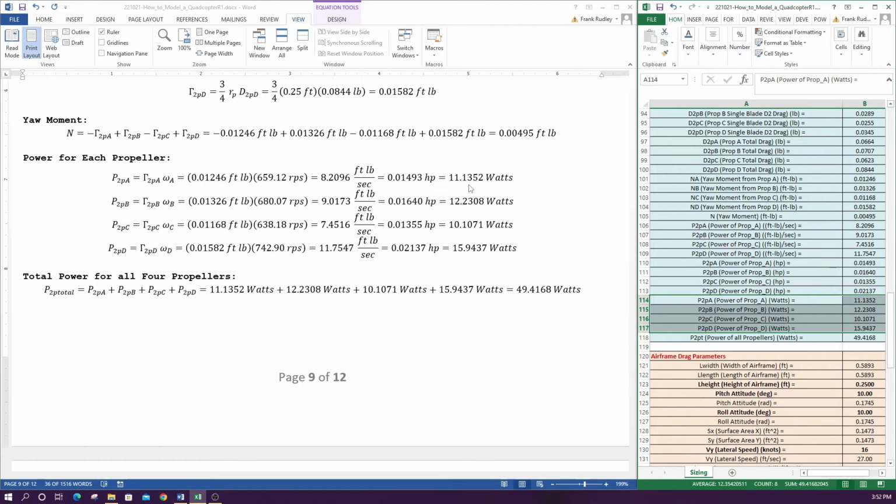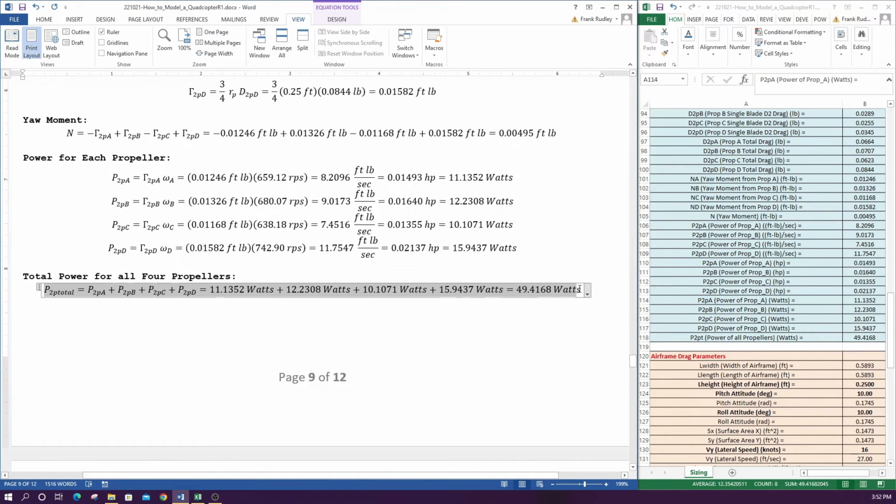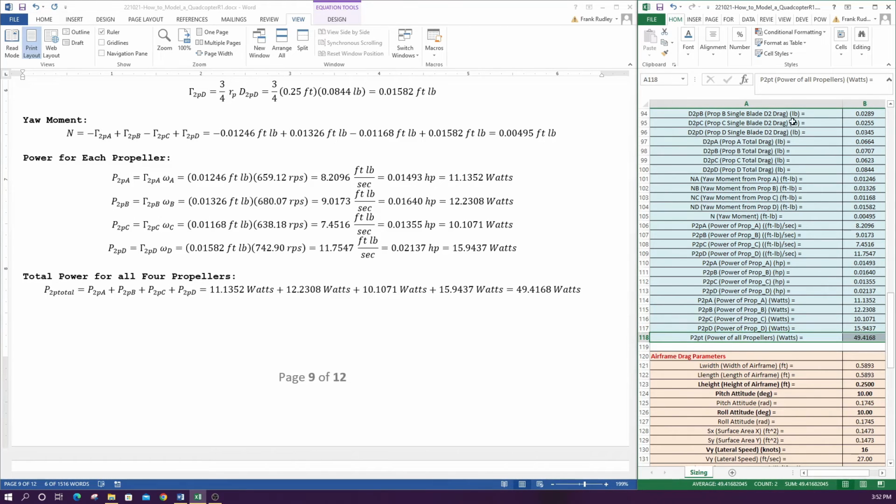We have 11.1352, 2.2308, 10.1071, and 15.9437. So they all match. The total power for all the propellers, if we add that all up, is 49.4168 watts. That's the parameter over here, and you can see I'm just adding them all up over here.